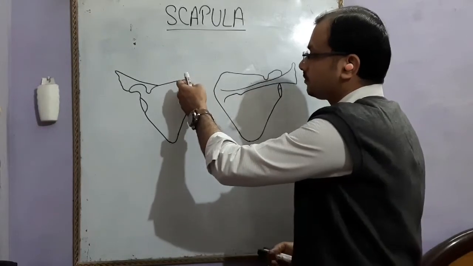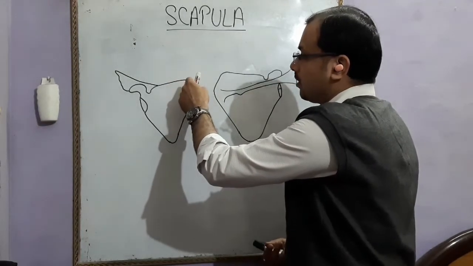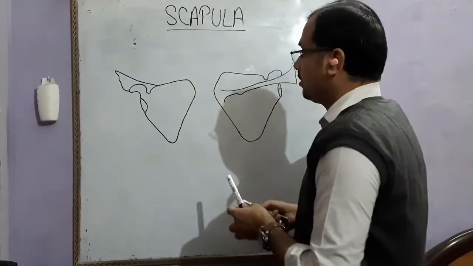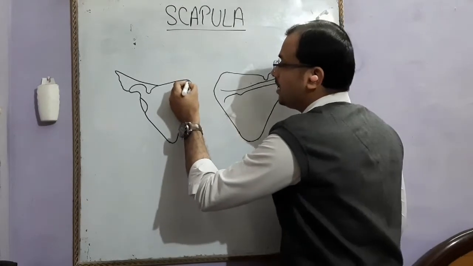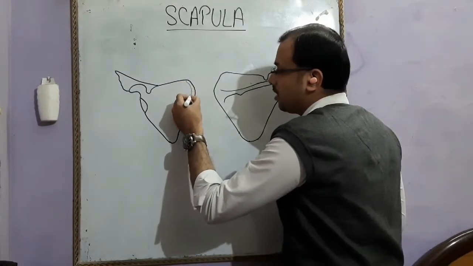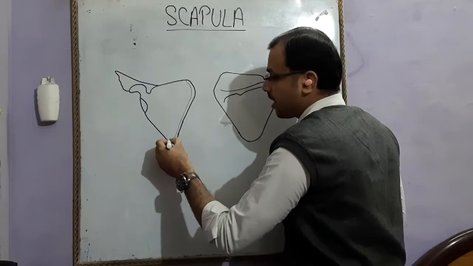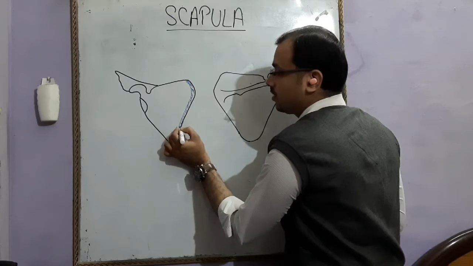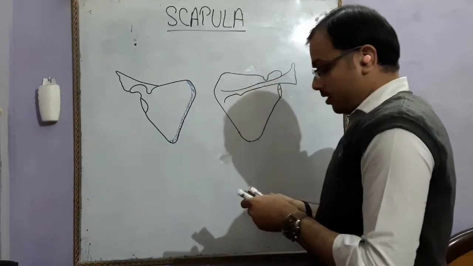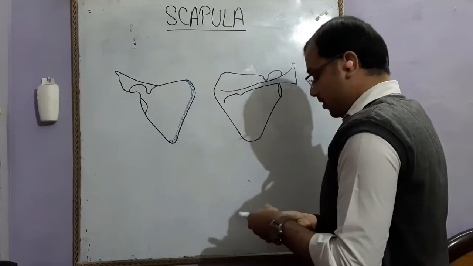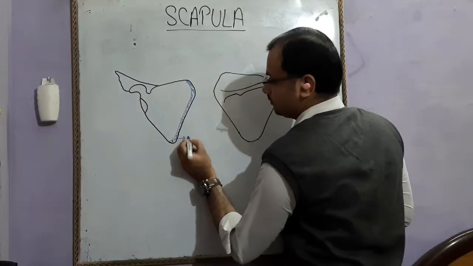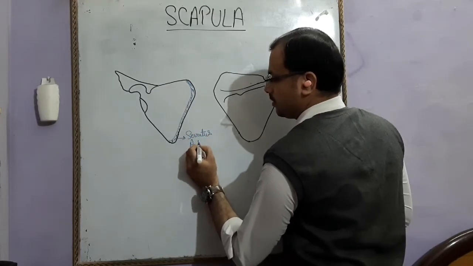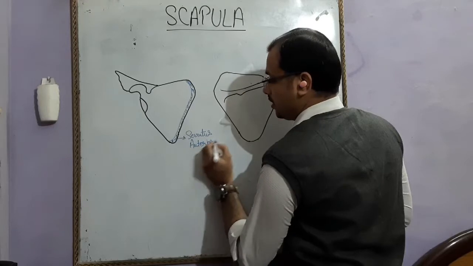Near the medial border on the costal surface, from the superior angle of the scapula up to the inferior angle of the scapula, is the insertion of the serratus anterior muscle.